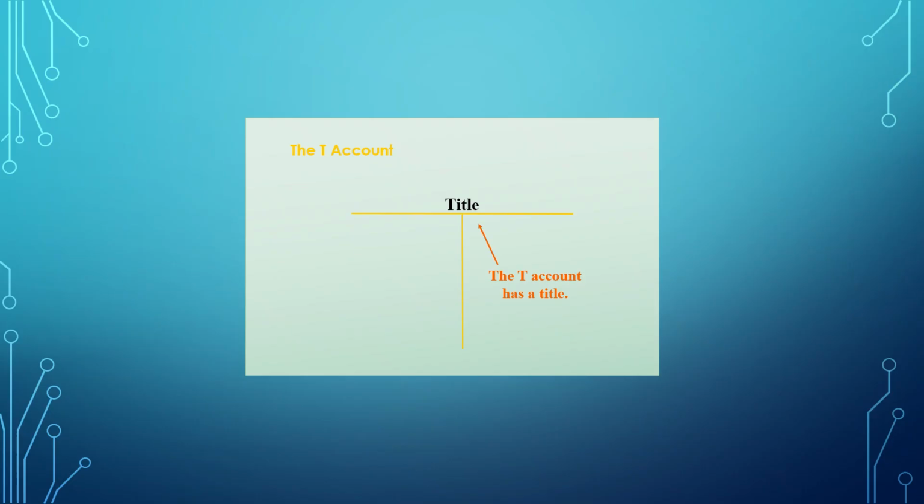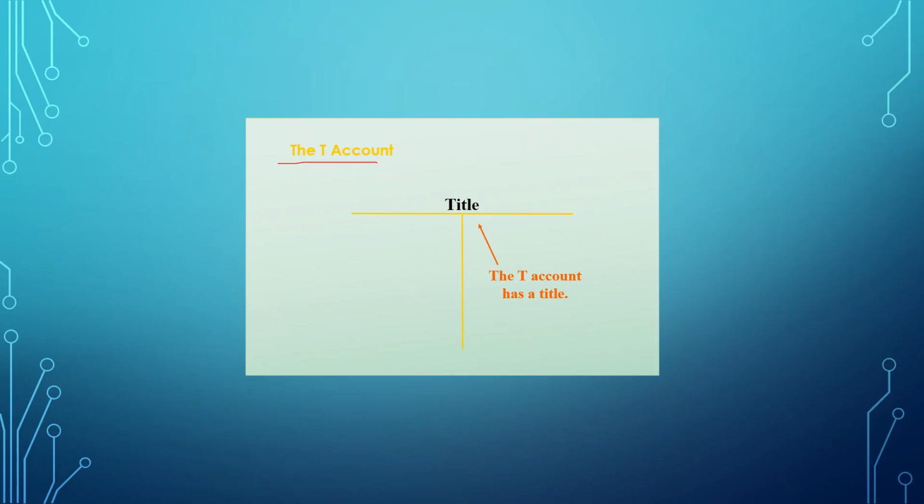The account form shown here in this slide is called a T account. Literally, as you can see, it looks like the letter T, right? That's why it is called the T account. Now, this is where we write the title or the account title.